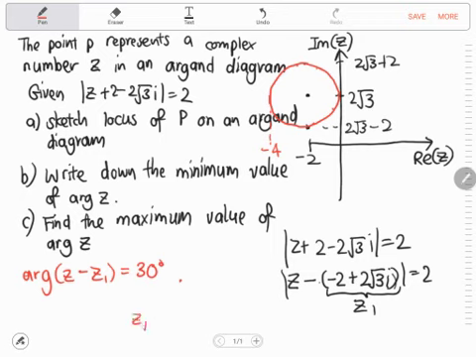So at Z1, this is parallel to the horizontal axis. That means Z can be anywhere on this line, because anywhere on this line except that point is 30 degrees when measured from Z1.